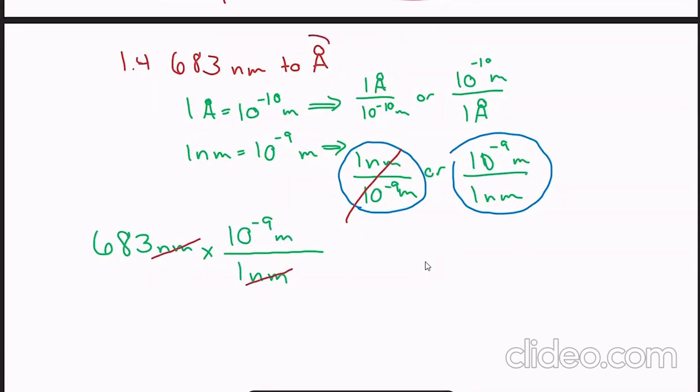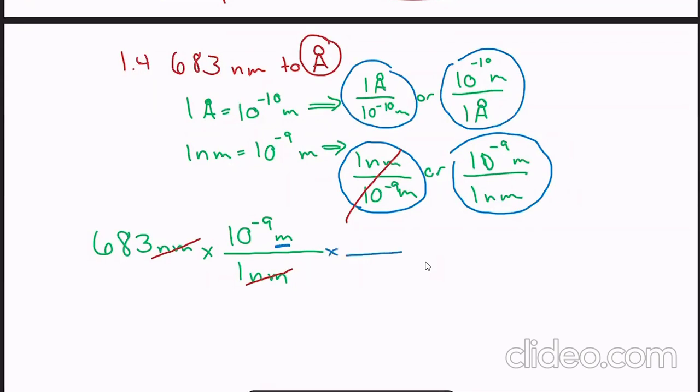Well, we're going to need a second conversion factor. Some of your conversion problems will only require one conversion factor, some might require 2, some might require 3. So here, only one of these is going to cancel out the meters that we see in the numerator.